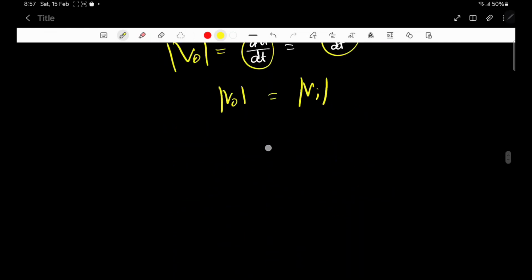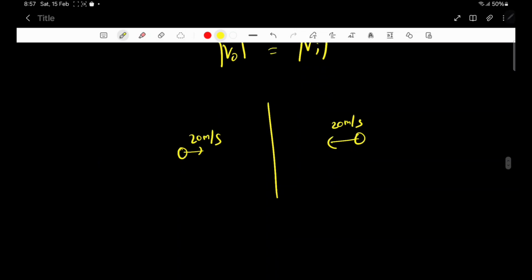If any object is approaching the plane mirror at 20 meter per second, the image will also approach the plane mirror at the same 20 meter per second speed. Is it clear? So, with respect to the object, the image may seem to be approaching it at 40 meter per second, because I hope that by this time you are already familiar with the relative velocity concepts.